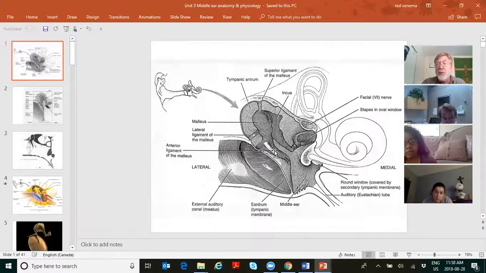You're looking through the drum. Your eardrum is kind of like a bathroom window. You know how you have windows where you can kind of see shadows, but you can't see through? That word is called translucent. It just means light can shine through, but you can't see through it, okay? That's what your eardrum is like.